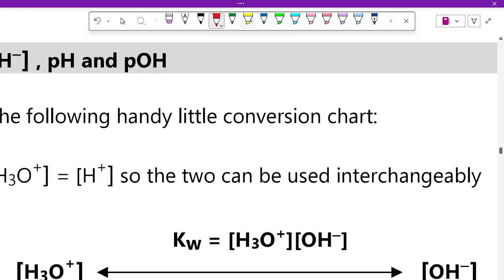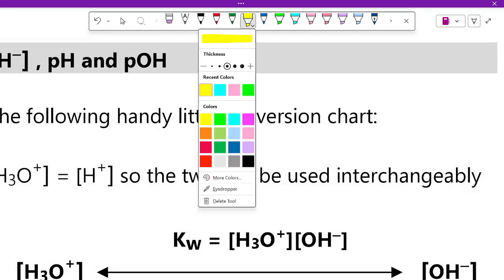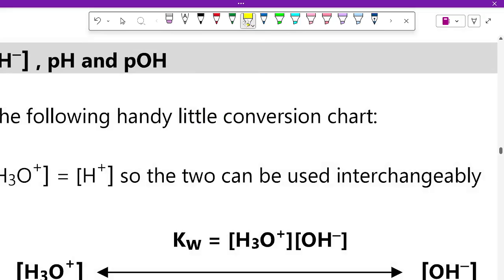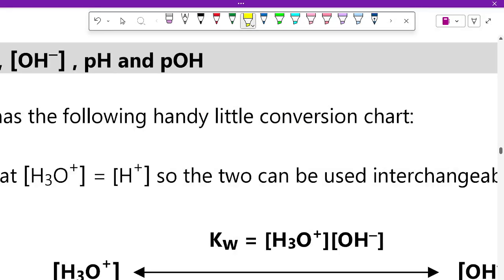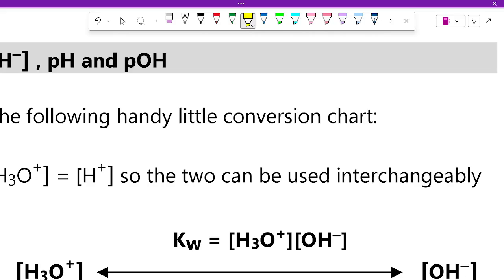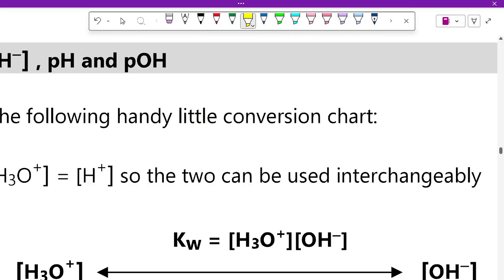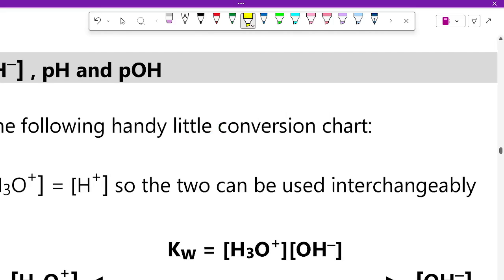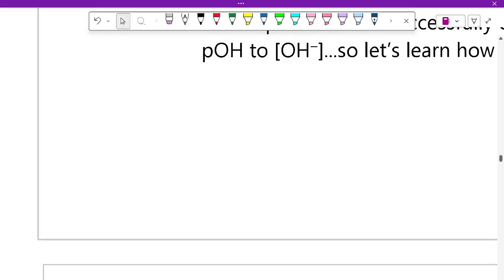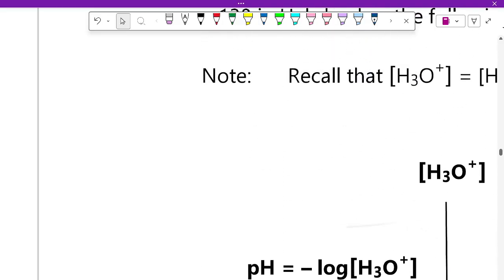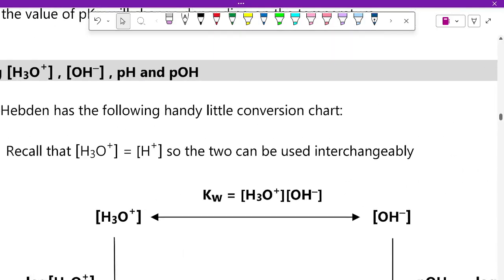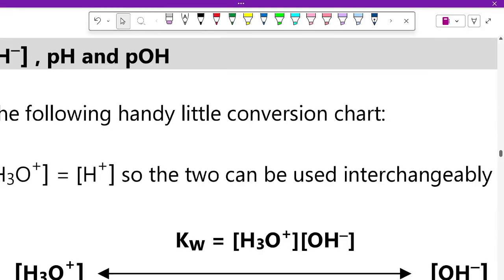We have hydronium, which could also be hydrogen. Okay, H3O plus.